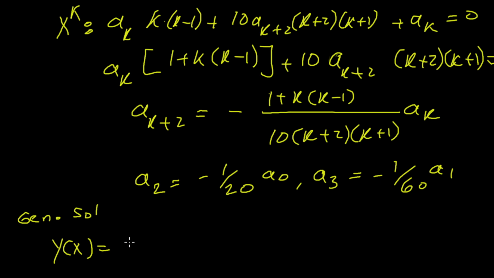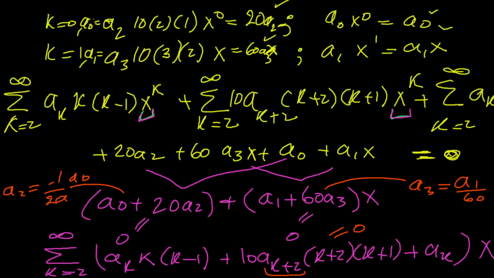So expressing the solution, a sub 0 or a naught is a naught, a sub 1 x, what did we find? We found a sub 2 here to be that, and we found a sub 3 to be that. Alright, so I'll replace them.